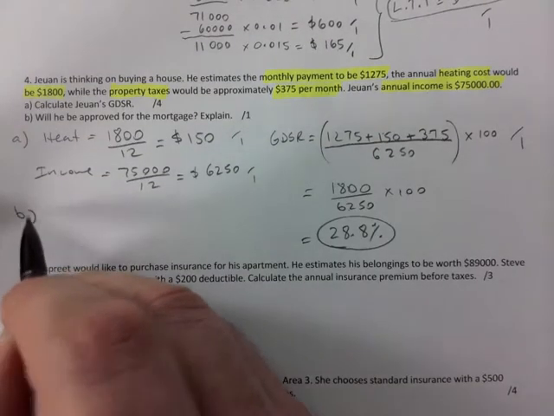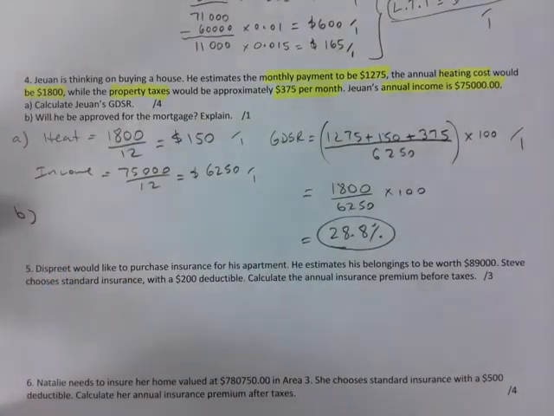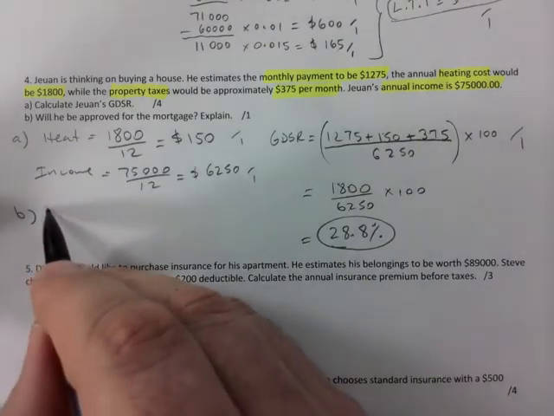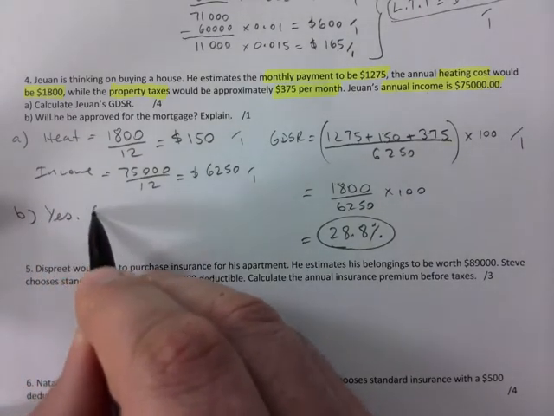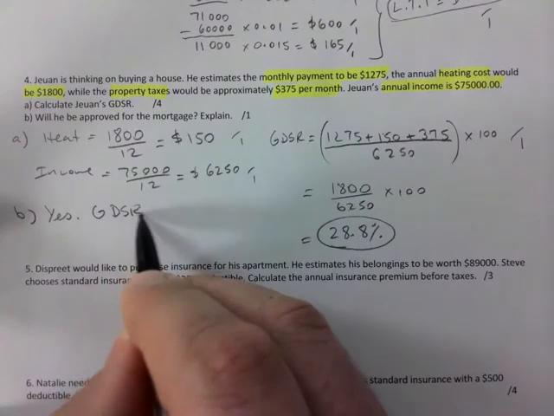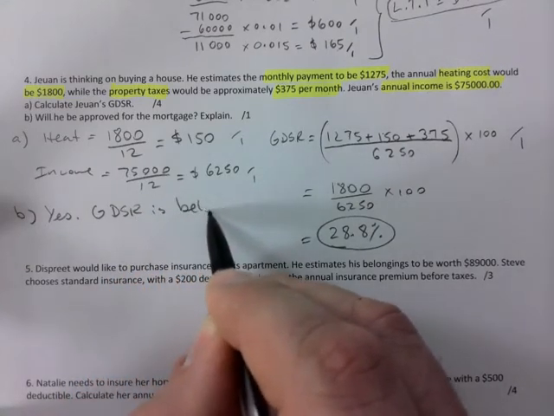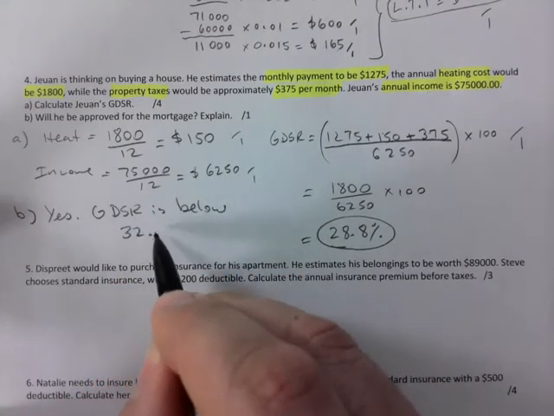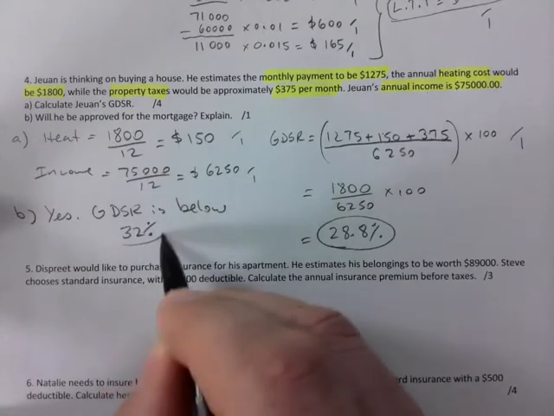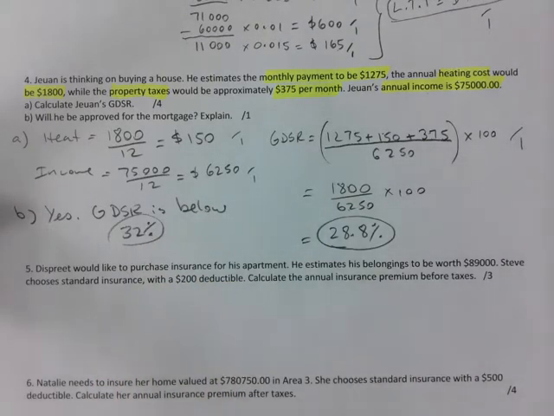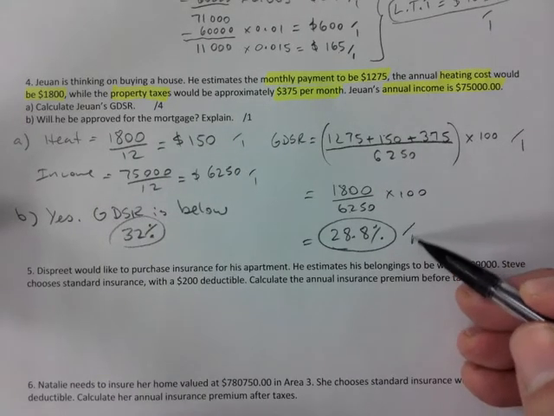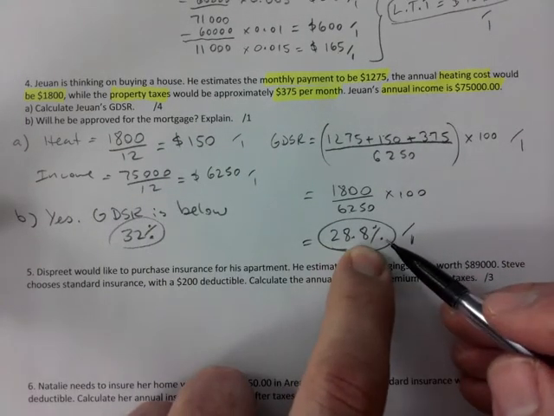So B, will he be approved for the mortgage? Explain. The answer is yes. GDSR is below 32%, right? That's the key. You're mentioning that it's below 32%. Sorry, I missed that. You get a mark for getting the final answer here.